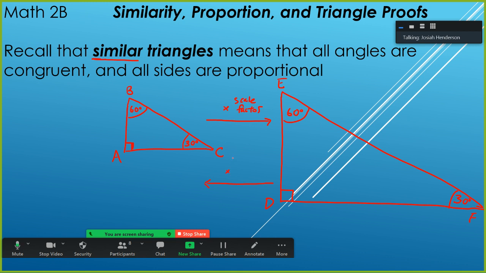So it just depends on which ones are original and which ones are ending, our dilated version. You can go both ways. It all depends on which one they're telling you you're starting with. So we're going to look at two different rules or theorems that go along with these ideas we've been doing on Monday and Tuesday, and then look at some problems that we can solve using these ideas.